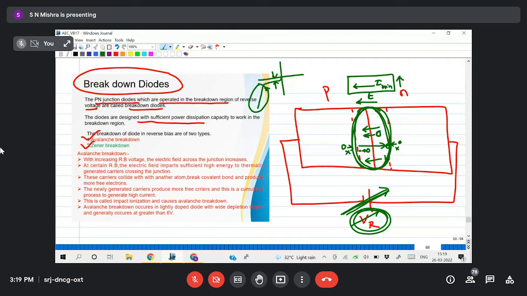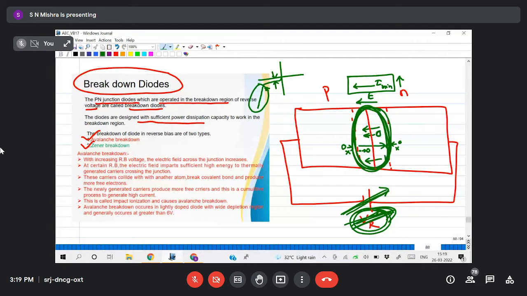So this is actually happening due to the applied reverse voltage, but it is not sudden. After a certain point, if you increase the voltage in reverse bias, the electrons or the minority carriers present in this depletion region will get enough energy and accelerate with high speed, high velocity, and this collision will happen, and this will be a repetitive collision or cumulative process.